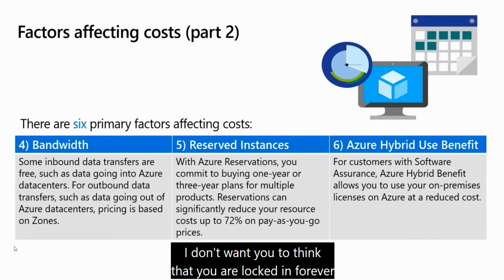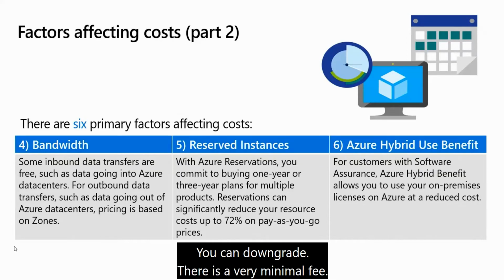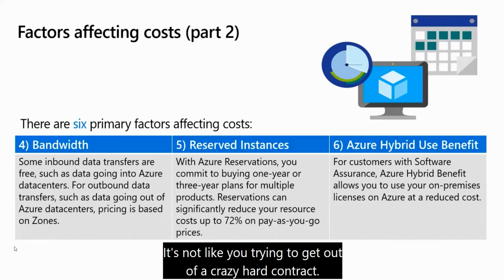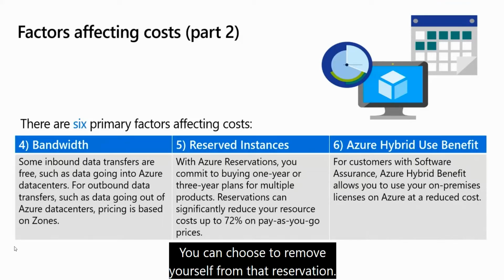And I don't want you to think that you are locked in forever with that virtual machine. Like say something changes, say, ooh, I ended up not needing it. You can downgrade. There is a very minimal fee. It's not anything crazy. It's not like you're trying to get out of a crazy hard contract. But there just is a minimal fee, and you can choose to remove yourself from that reservation.